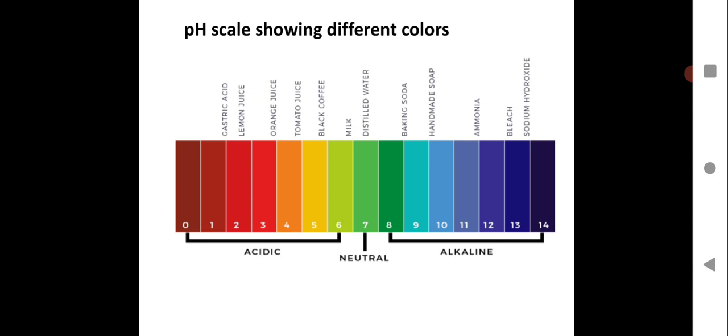So please do make this pH scale. Here they have given examples of all the solutions which are used. For distilled water, green, that is 7. Baking soda will show between 8 and 9. Then handmade soap 9 to 10, that color change.